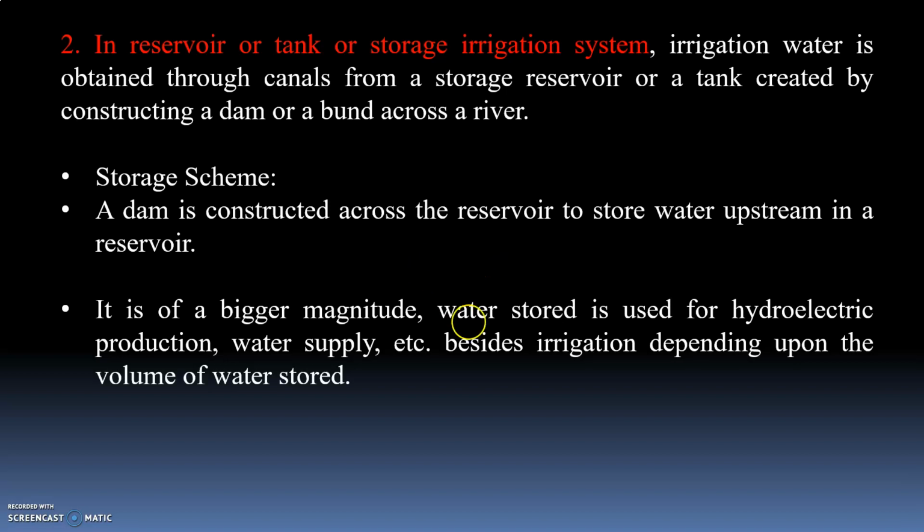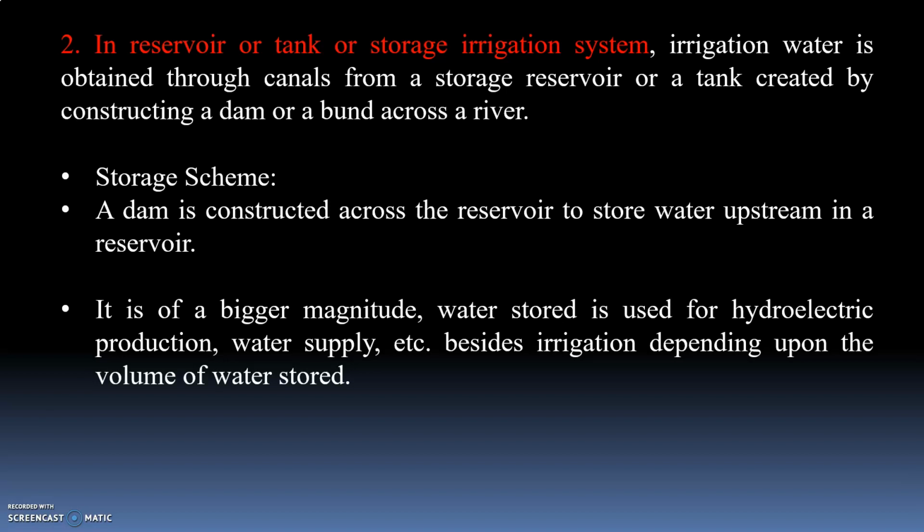To construct this storage reservoir, you have to take into consideration the flow of the water in the river. Based on that, you can decide the volume of the storage and construct the reservoirs.